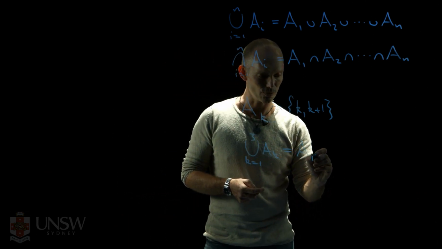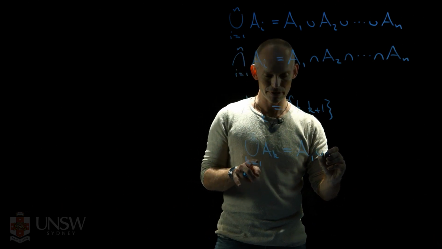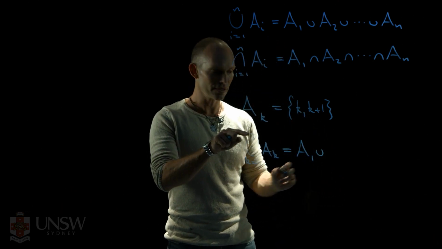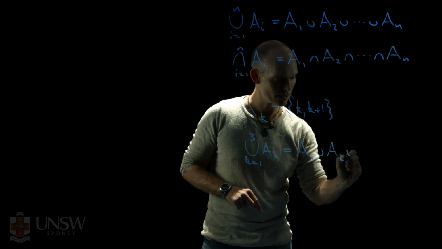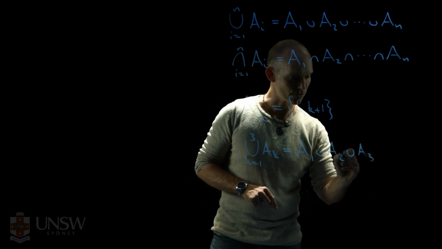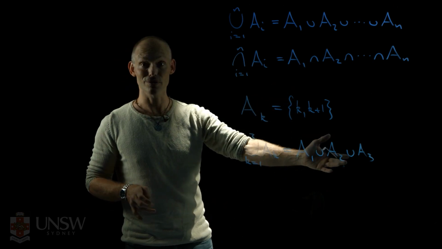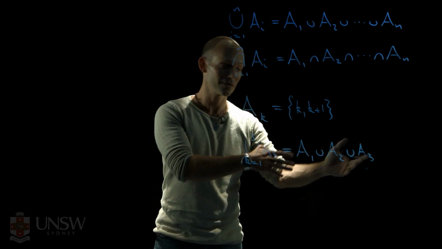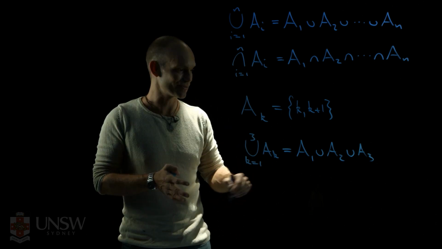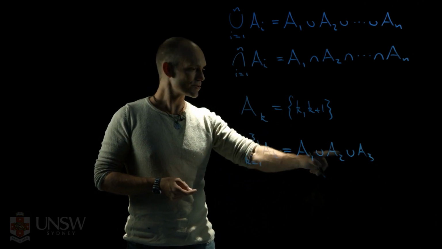So we've got A1, and then we're unioning everything. So k goes from 1 to 3, so the next one is A2. And finally we have where k is equal to 3, A3. There are no little three dots there because we've got so few sets already, so it doesn't make sense to write any dots. What's that equal to?